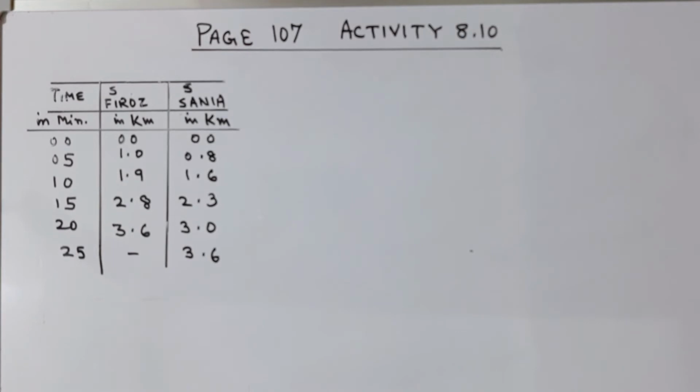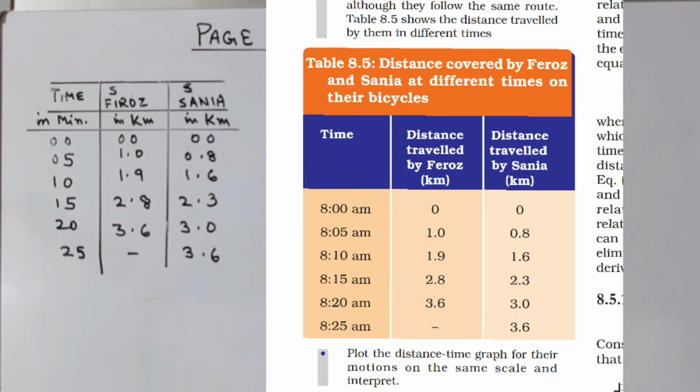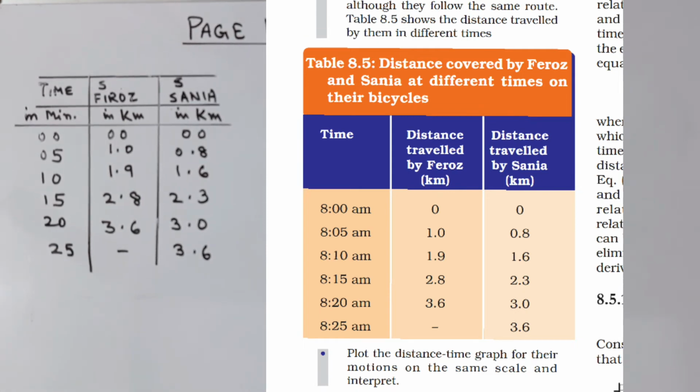Let us take a question given in Activity 8.10 at page 107. The question says, Firoz and his sister Sania go to school on their bicycles.